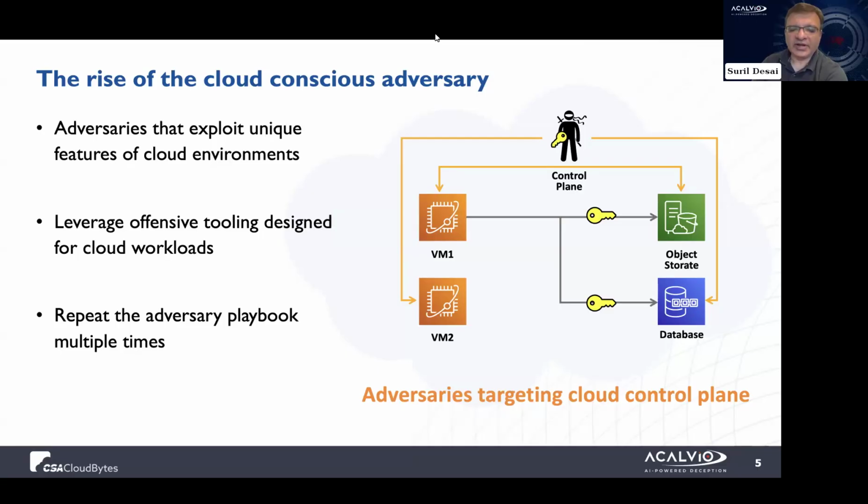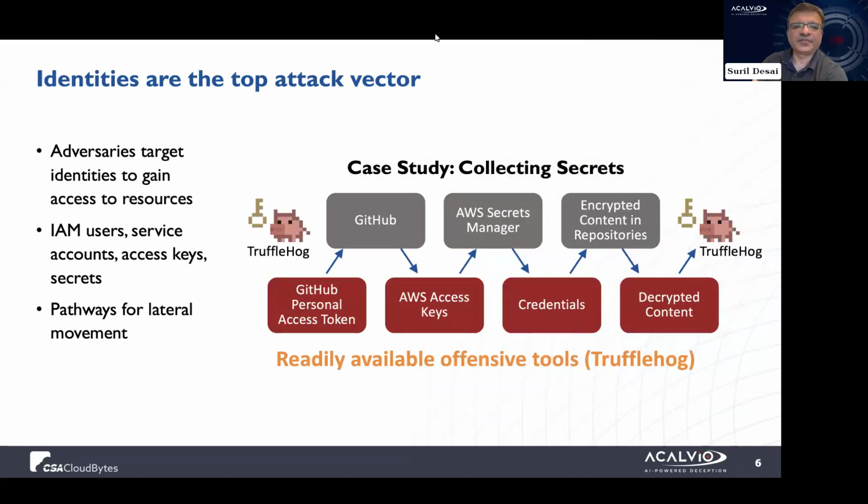One of the common characteristics that adversaries are targeting is the availability of the control plane. So adversaries are doing dedicated offensive actions targeting the control plane in the cloud and using it to elevate privileges and then gain access to critical systems.